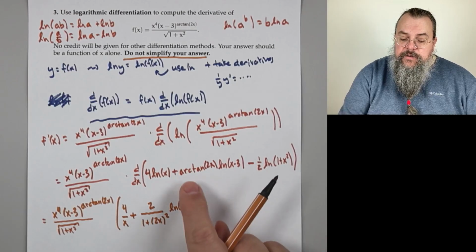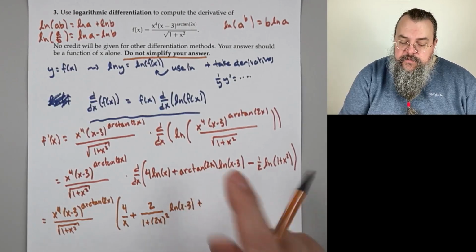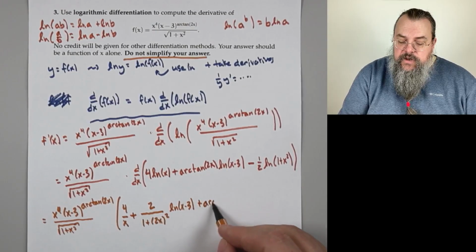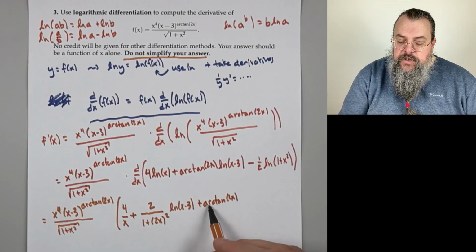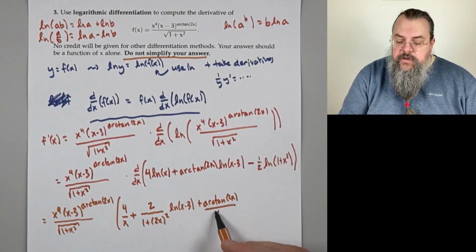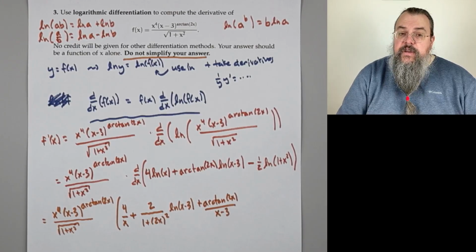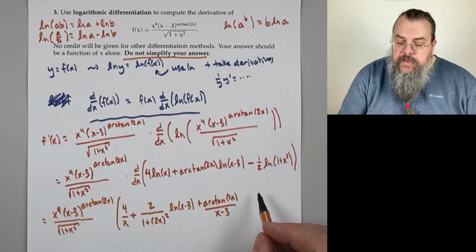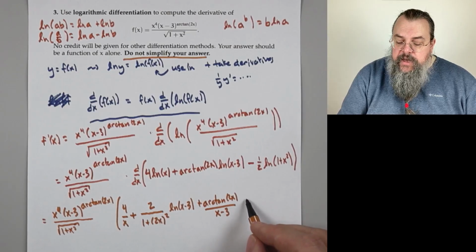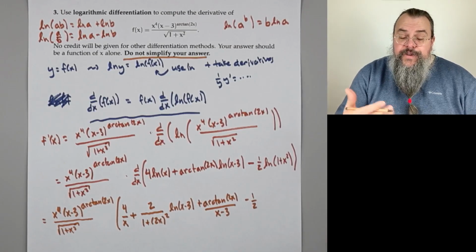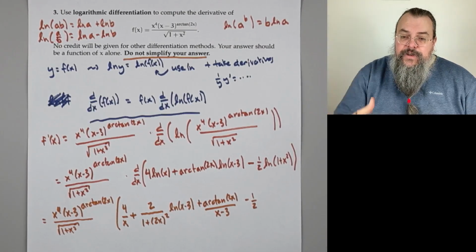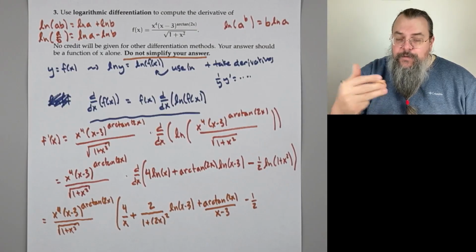Plus, okay, that was the derivative of the first times the second, so plus the first, arctangent of 2x, times the derivative of the second, which would be 1 over x minus 3. So we can just put x minus 3 downstairs. Then we say, okay, minus a half, and we have natural log of 1 plus x squared. So the nice thing about natural log is it's easy to take the derivative. You say, okay, whatever's on the inside, 1 over that.